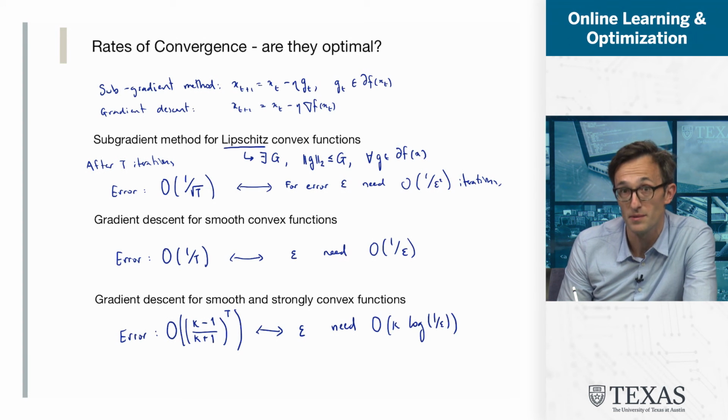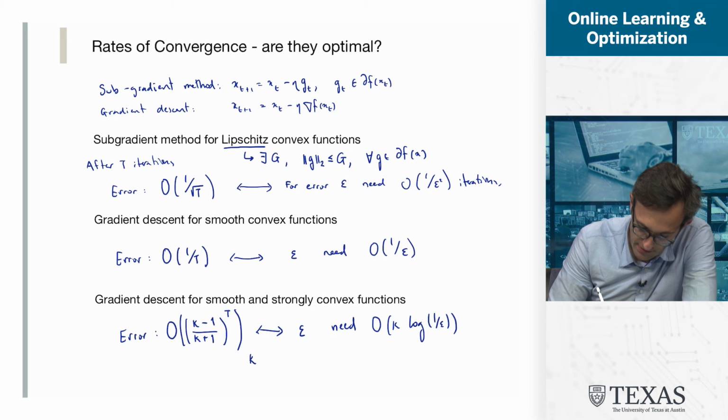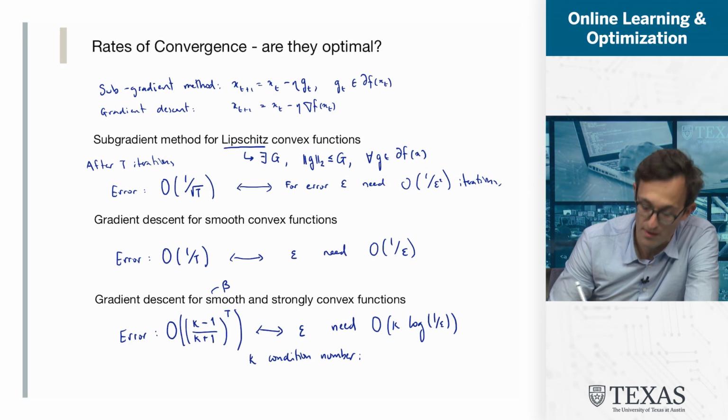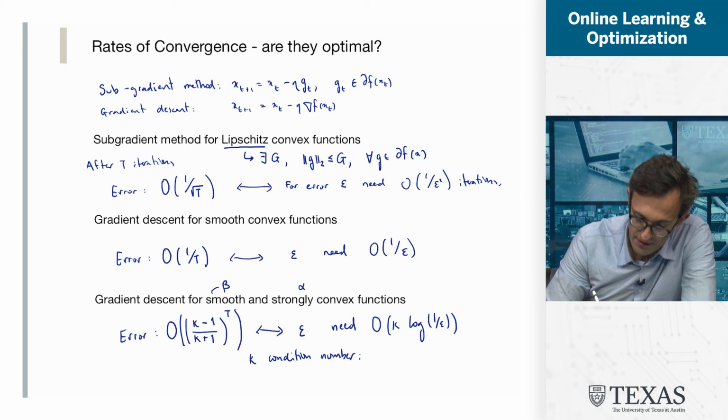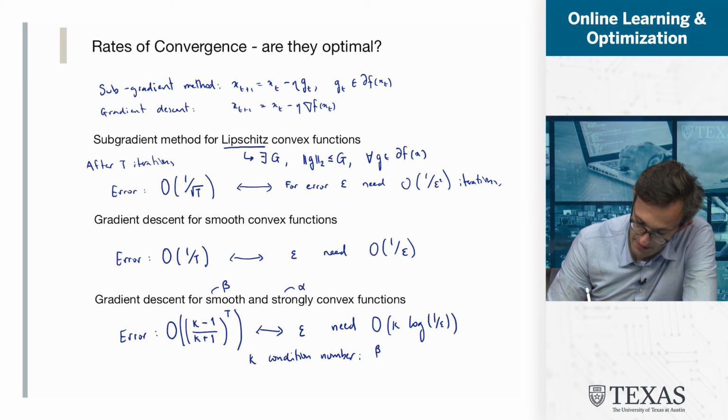So you see the dependence on epsilon is much faster. And kappa here is the condition number: if beta is my smoothness parameter and alpha is my strong convexity parameter, then beta over alpha is kappa.